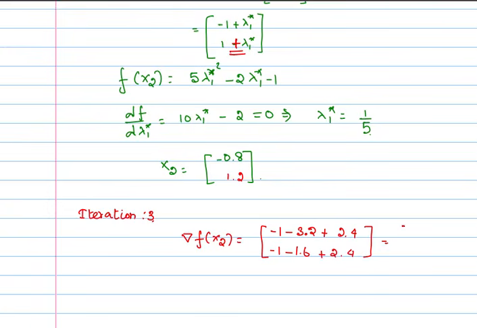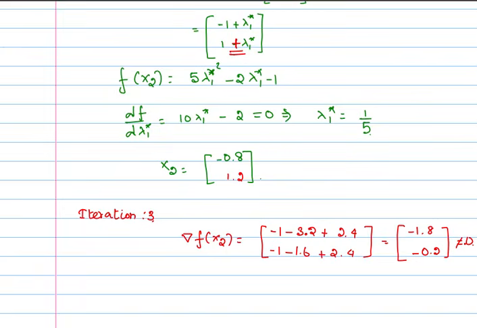So this guy value is 4.2, so minus 1.8, so 0.8, so we will get it as minus 1.8. Here you will get it as minus 0.2. So this is not equal to 0, so we can proceed again with the same process.